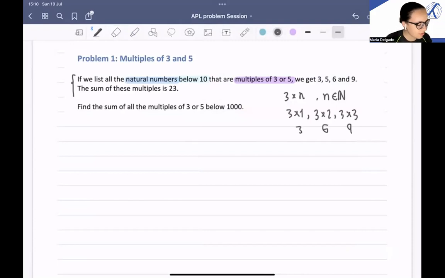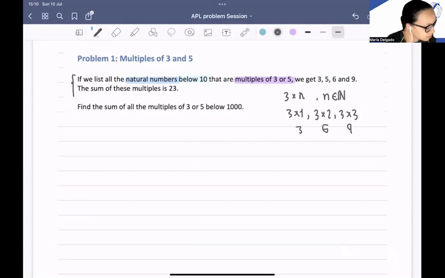And the multiples of 5 will only be 5, because the next multiple, 5 times 2, is equal to 10, and we need numbers below 10. Okay, so it says that the sum of the multiples is 23. So let's see, 3 plus 5 plus 6 plus 9 is 23. Okay, so it's correct. So let's try to move to the second paragraph.